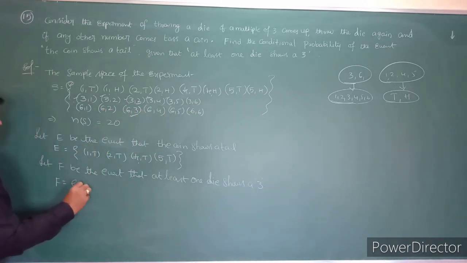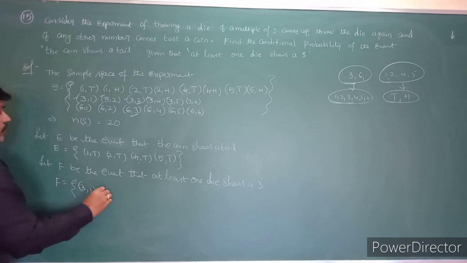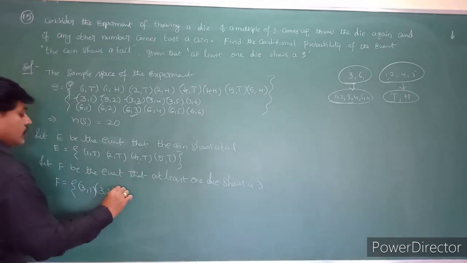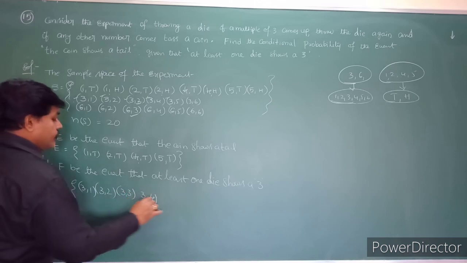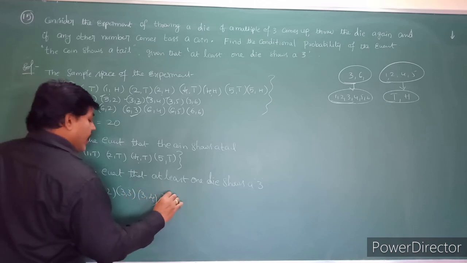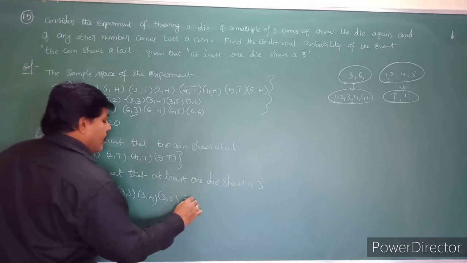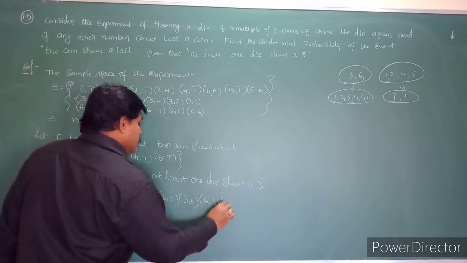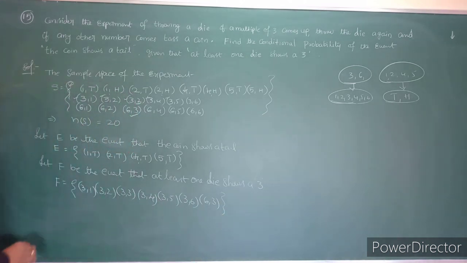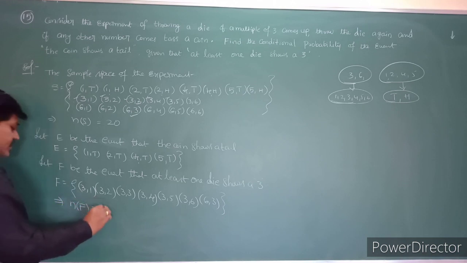So this is the F. That implies n of F is 6 plus 1, that is 7.